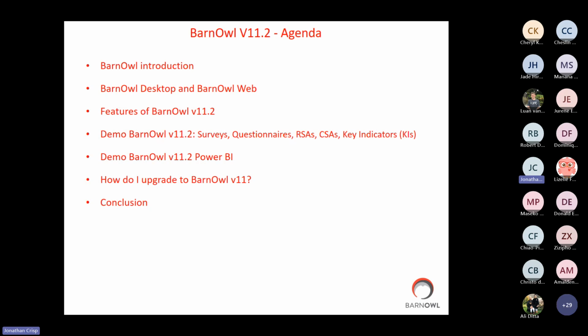It's been extensive testing. The main areas we've worked on: 11.1 covered all the risk registers and all the standard registers, and version 11.2 now incorporates the new look and feel and functionality for surveys, questionnaires, voting, risk self-assessments and control self-assessments.